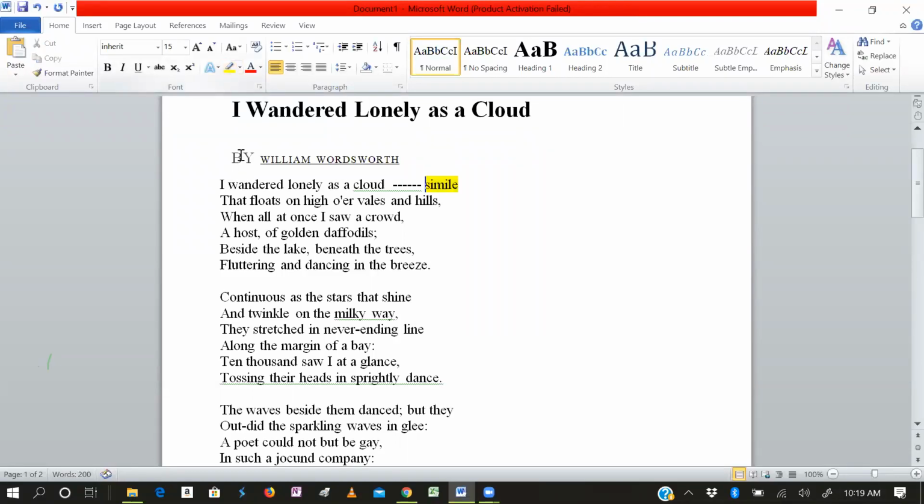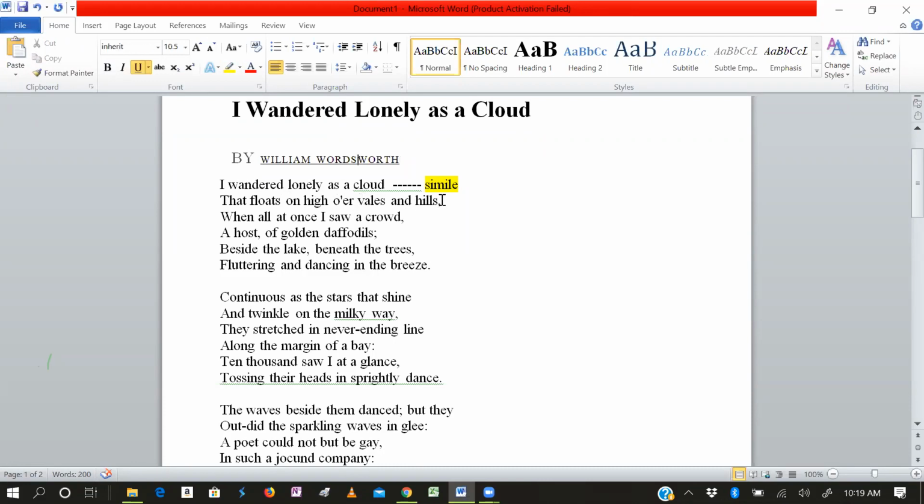Look at this: I wandered lonely as a cloud. The poet says that I was moving someplace lonely as a cloud. Why cloud? You could see he has compared himself to the cloud. What cloud? That floats on high over vales and hills.